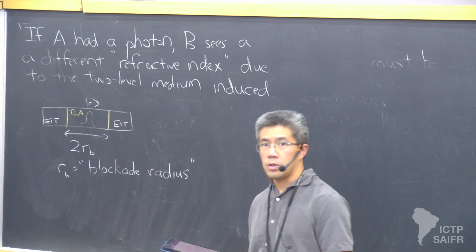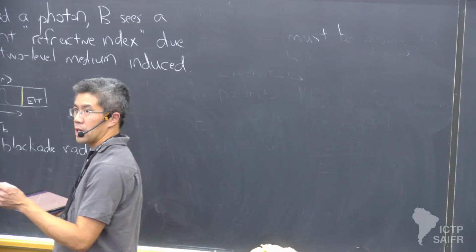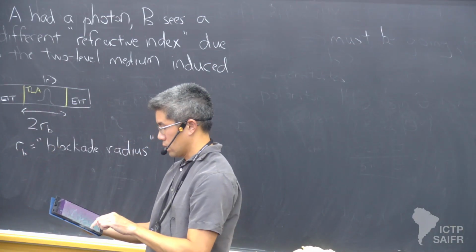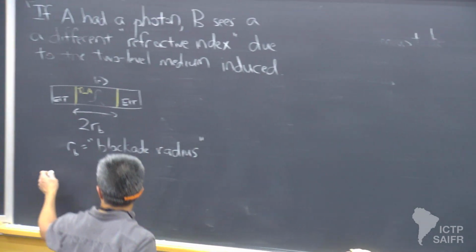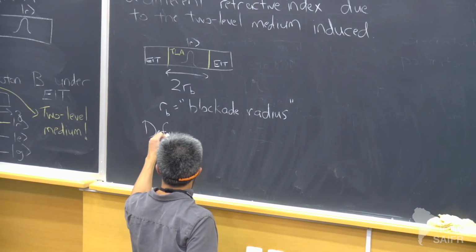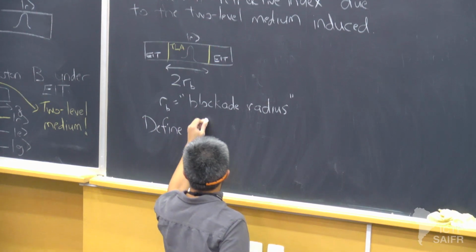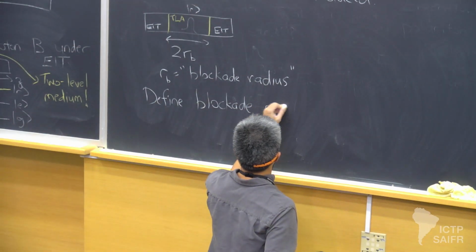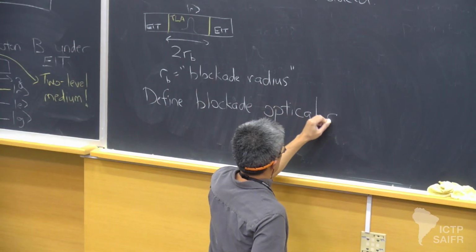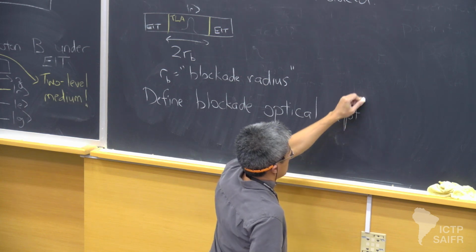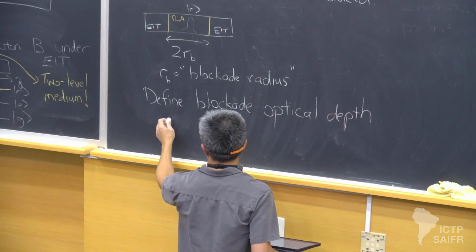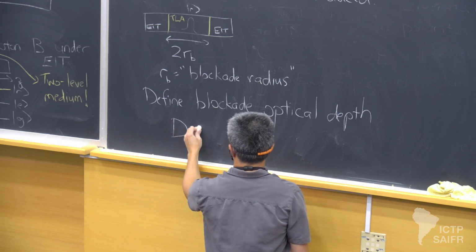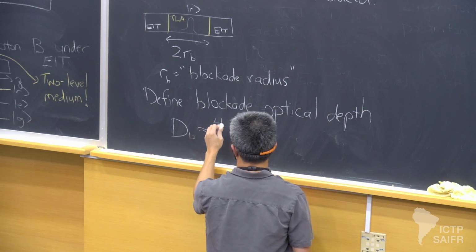Another kind of figure of merit you can define is the optical depth, not of the entire system, but just of this blockade region. So you can define a blockaded depth, dB, which looks the same as the formula that I showed you before.